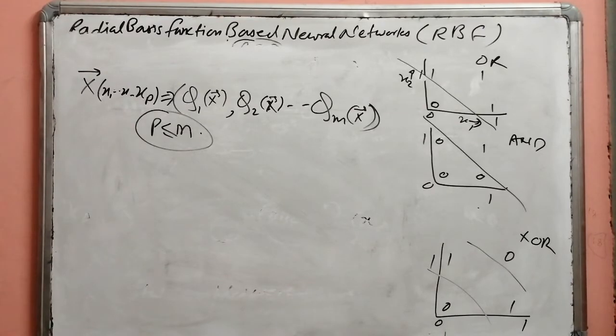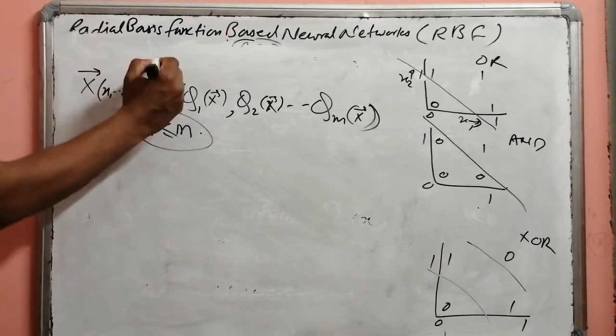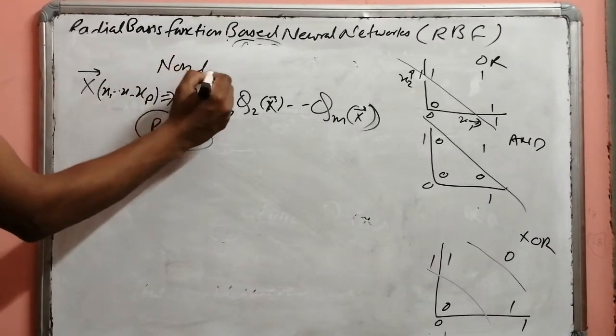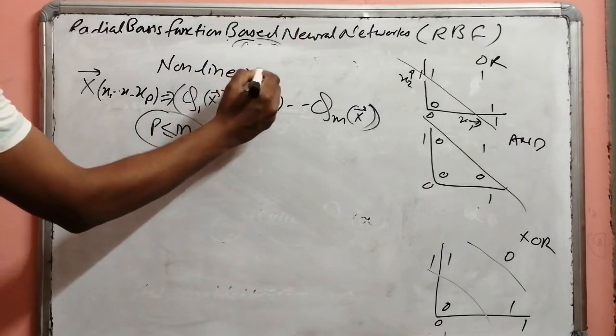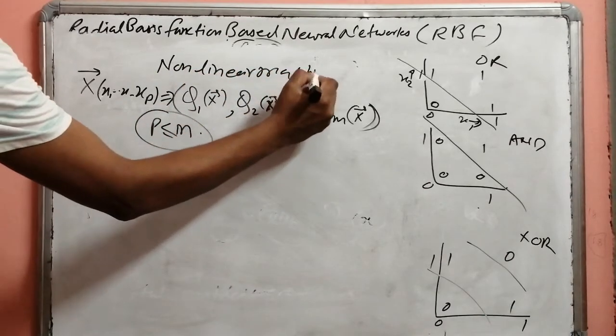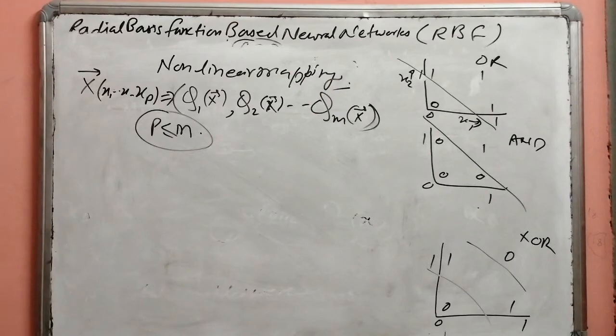There may be possibility of linear separability in those 10 features when we look at the input space from the angle or from the view of those 10 new features. So this is your new nonlinear mapping, which is the main concept behind your invention of your radial basis function.